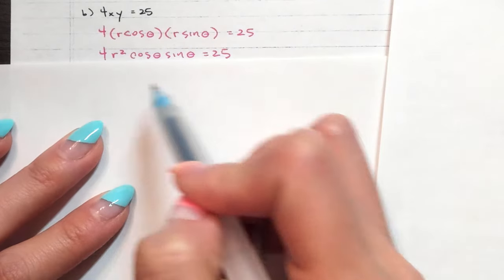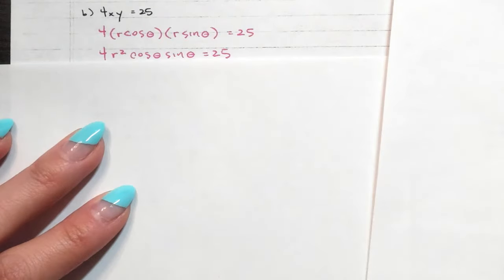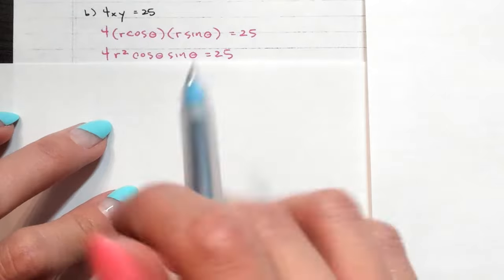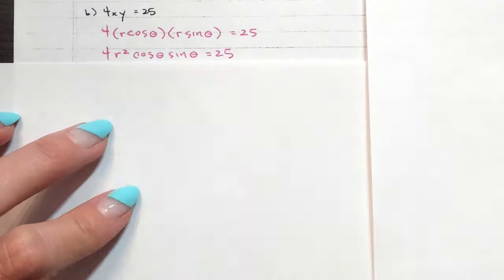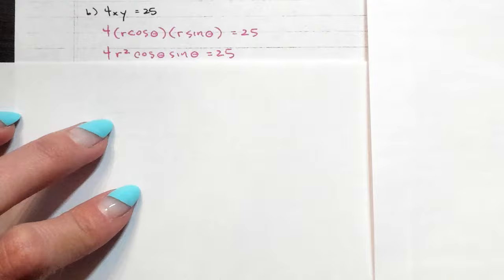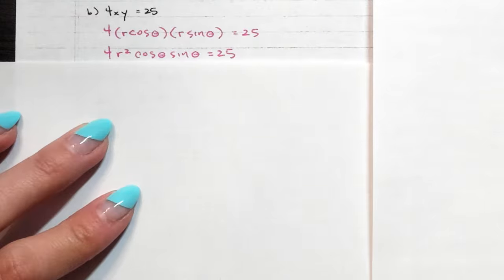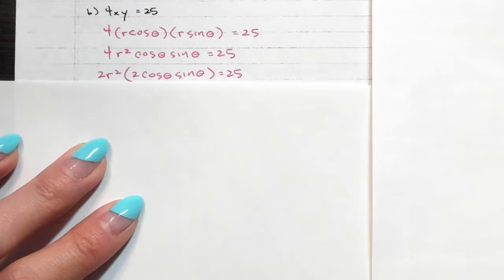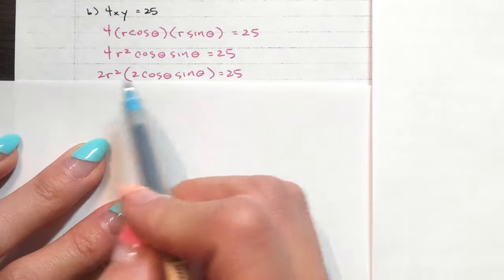Some of you might be like, oh okay, we're going to be done, we're going to divide the 4 and divide the cosine and sine. But maybe there's no answer that looks like this with cosine and sines. And maybe you're going to see something that you have to recognize as this first. So I split up the 4 into a 2 and 2.